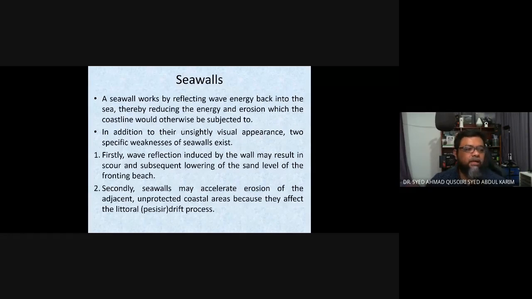So sometimes by installing a seawall in a certain part of the beach, the other part of the beach which has not had any seawall installed, the erosion in that area will become a lot worse. Yeah? So you protect one part of the shore, but on the other part of the shore, the erosion is a lot worse.